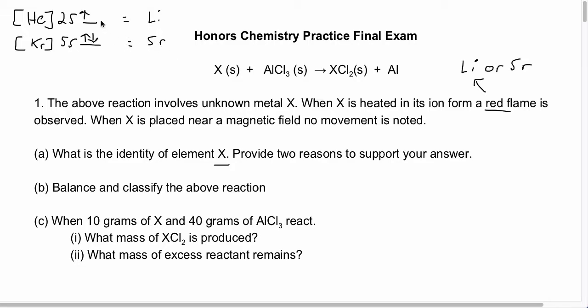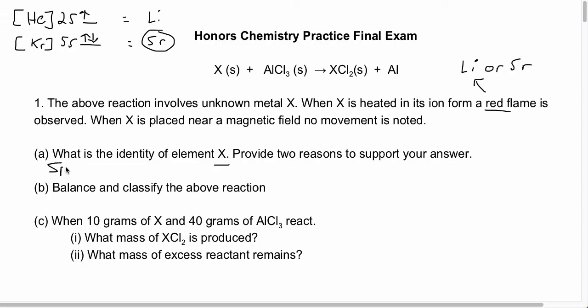So we see that this one here has one unpaired electron, so this is going to be drawn towards a magnetic field. So we know that it can't be that. It's going to be Sr. Remember, if all the electrons are paired, there's no magnetic field.